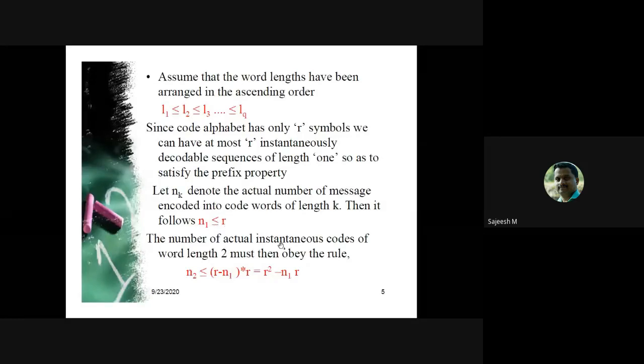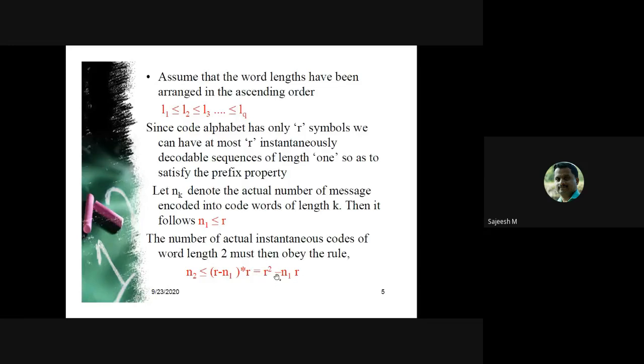Similarly, the number of actual instantaneous codes of word length 2 must obey the rule n2 is less than or equal to r minus n1 into r. This excludes those already encoded using one bit, that is, code word length 1.